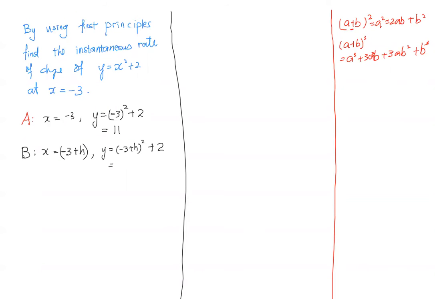This is binomial expansion. The square has 3 terms, the cubic has 4 terms. These are the few you have to remember.